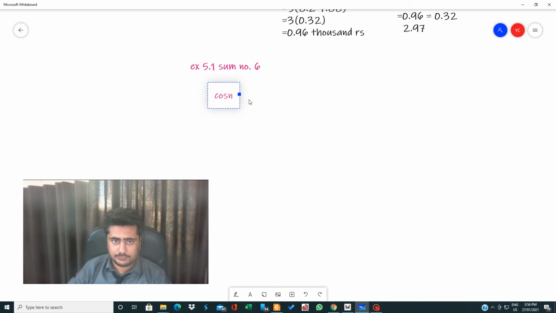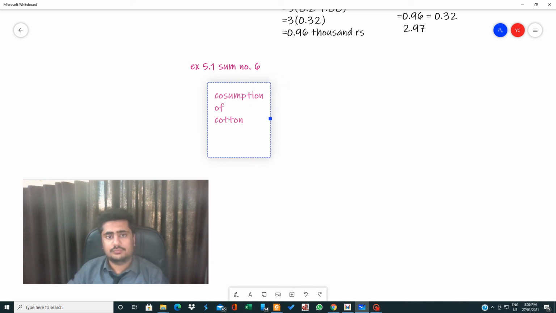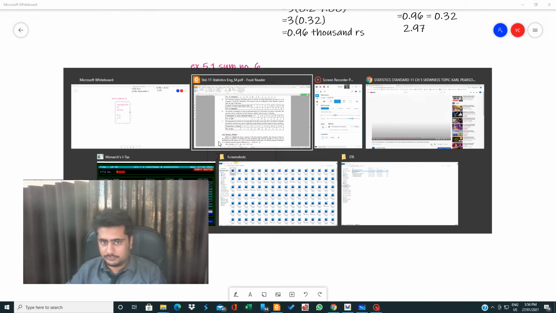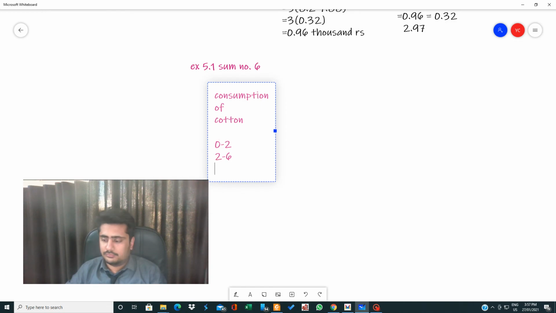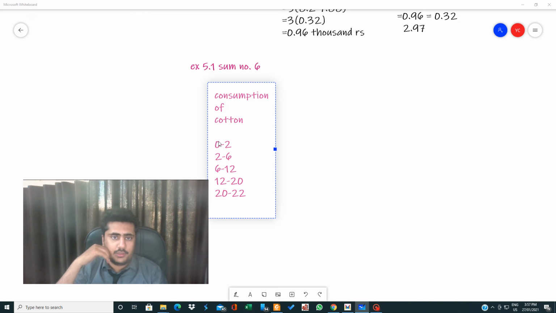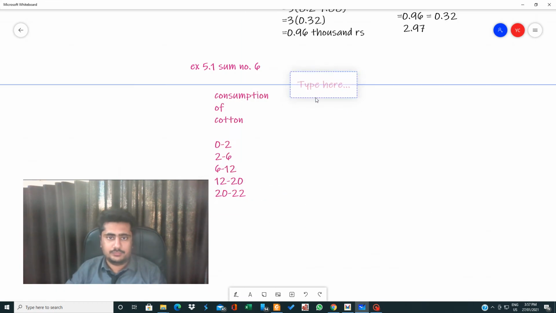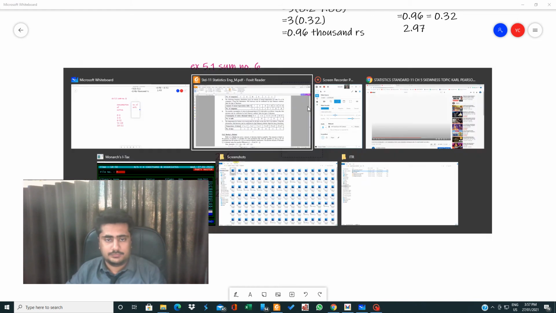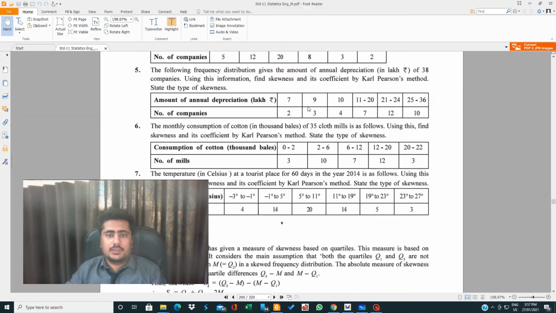Consumption of cotton is 0 to 2, 2 to 6, 6 to 12, 12 to 20, and 20 to 40. Number of mills: 3, 10, 7, 12, 3.